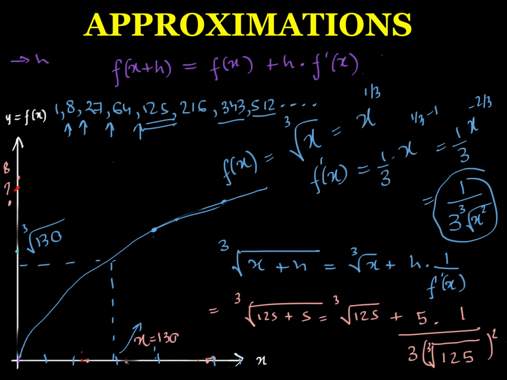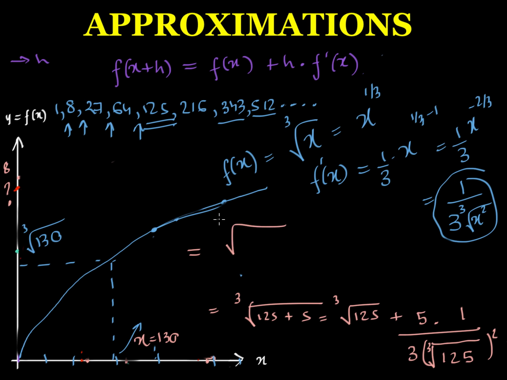And I'm short of space, so I'll just rub some things out. So we get cube root of 130 is equal to 5 plus 5 divided by 3 times 5 square, which is 5 divided by 3 times 25.